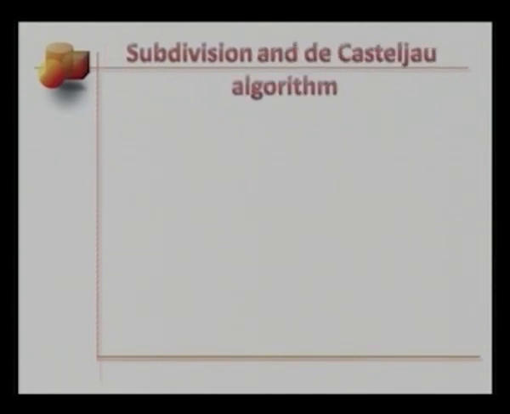Now let's try to see this geometrically: how subdivision and the de Casteljau algorithm are related. We start again with a cubic Bezier curve. We have this control polyline, and we start performing repeated linear interpolations. So this one is stage 1 repeated interpolation, and this one is the second stage repeated interpolation. The curve that I just sketched is the original Bezier curve.